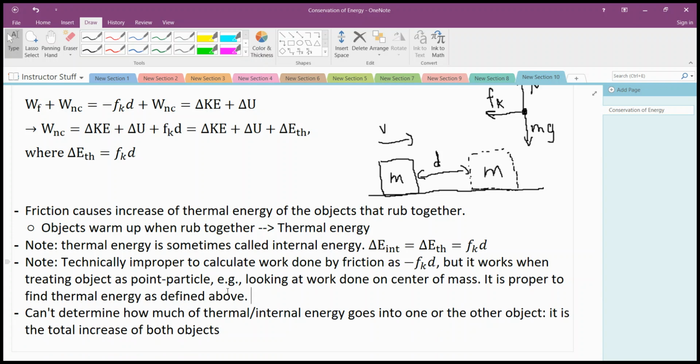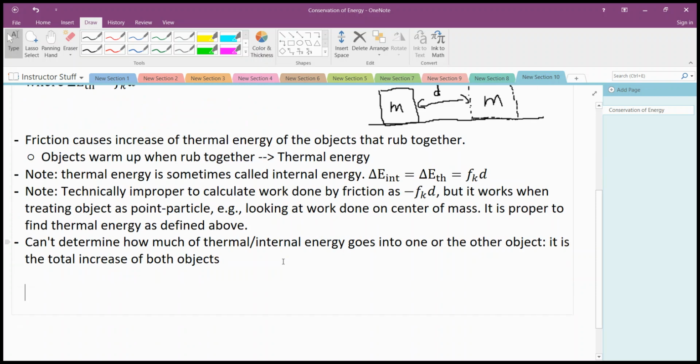Because of this delta E thermal term right here, it's just telling you the total increase in thermal energy of both your box and your surface. You can't determine how much of this energy is going into your box or going into your surface. All you know is that this is the total increase of thermal energy of both objects.